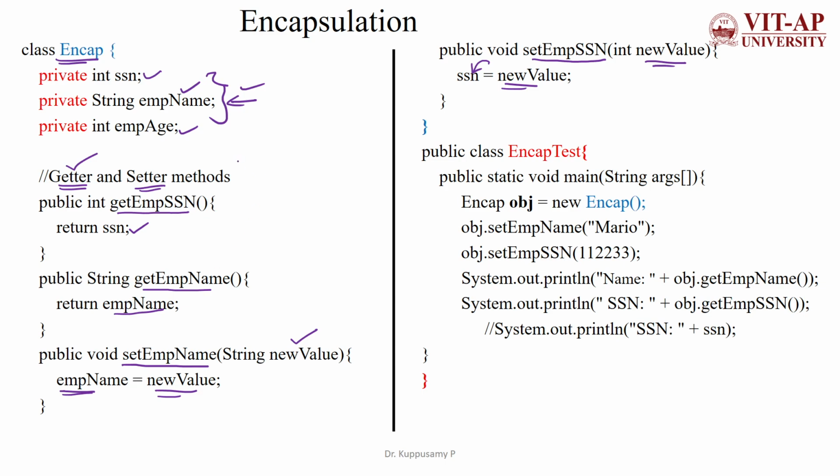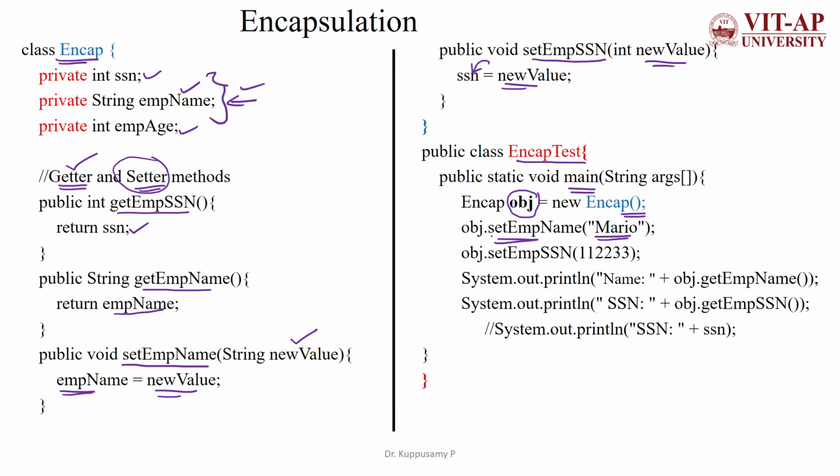So these getter and setter methods are used to access the values and assign the values respectively. Here another class, a driver class, is created, encap test, with the main method. Here I am creating the object using the default constructor. Then I am calling the set methods to assign the values to the instantiated variables.